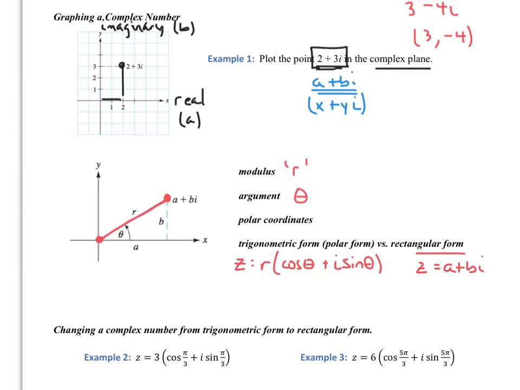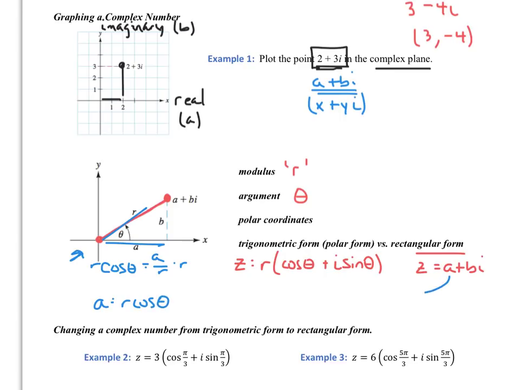All right, so where is all this coming from? Well, I'm going to refer to our graph over here. I hope you would agree that cosine of theta would equal the adjacent a over the hypotenuse r. And if I wanted to get a by itself, I would multiply out the r. So now a is equal to r cosine of theta.